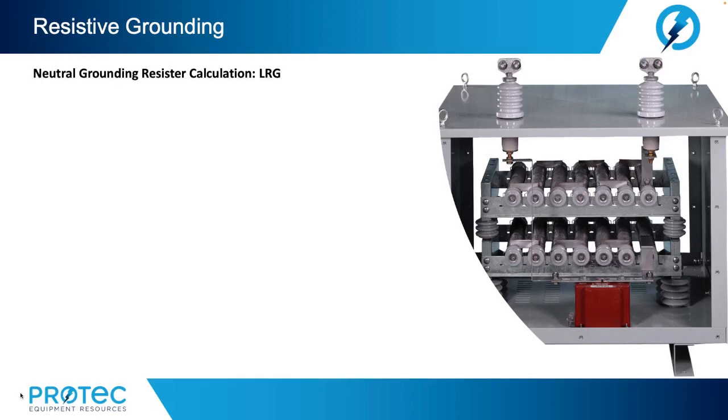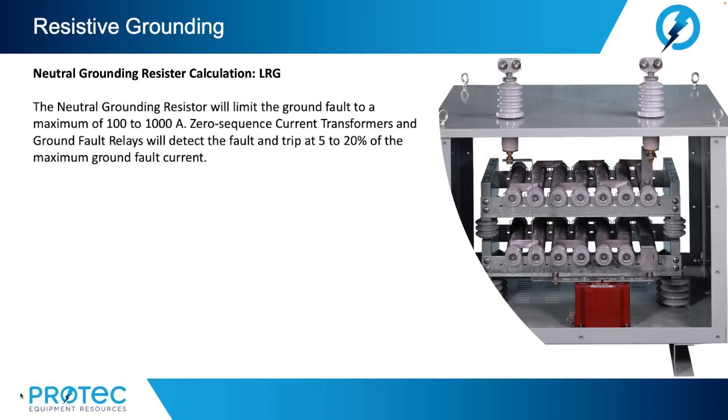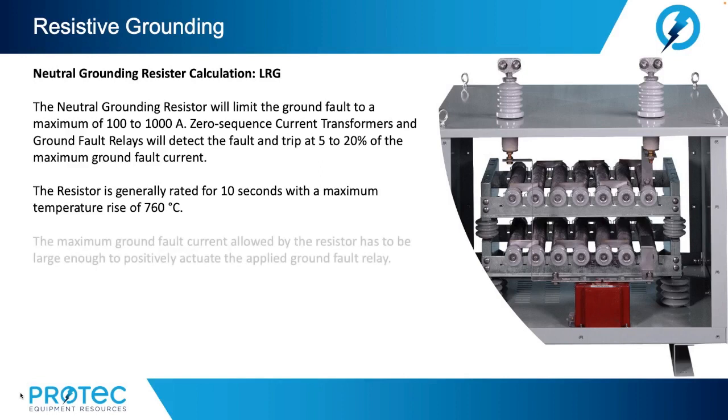All right, now let's talk a little bit about neutral grounding resistor calculations, for instance, in a low resistance grounding system. The neutral grounding resistor will limit the ground fault to a maximum of 100 to 1000 amps. Zero sequence current transformers and ground fault relays will detect the fault and trip at 5 to 20% of the maximum ground fault current. The resistor is generally rated for 10 seconds with a maximum temperature rise of about 760 degrees Celsius.